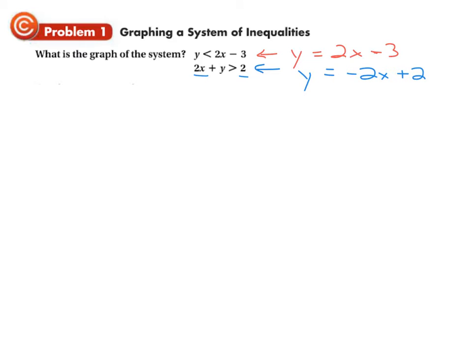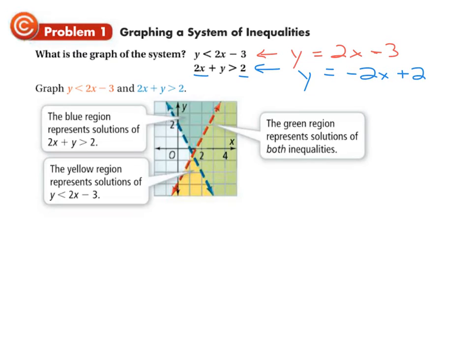Now let's take a look at what they did in the example here. Graph each one separately. They're assuming you know how to do it from lesson 6-5, but I just gave you that little tutorial on it. You think of it as an equation in slope-intercept form. You say this has an intercept of -3, so down here, and then rise 2, run 1, rise 2, run 1, right?